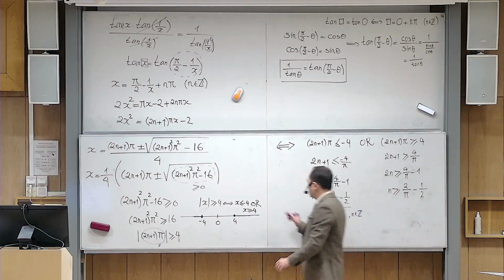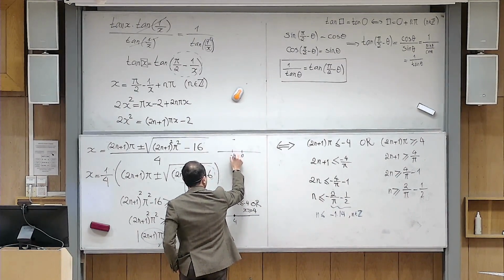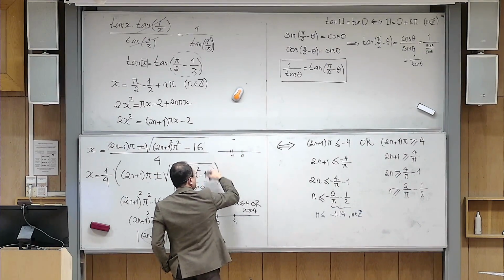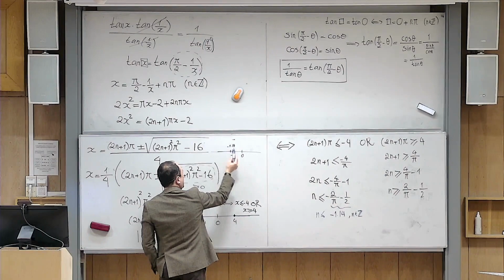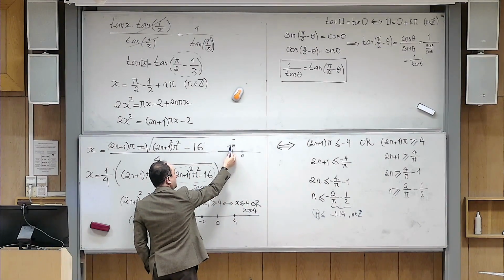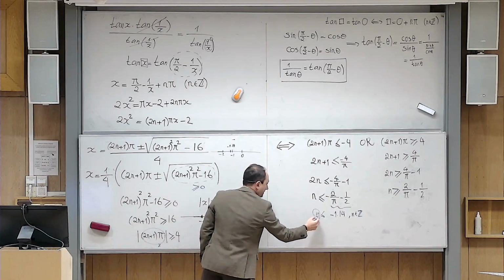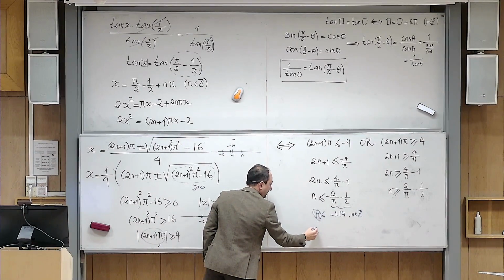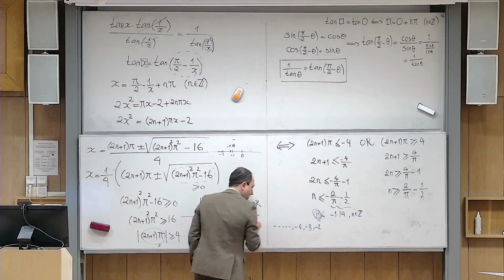If you want to visualize it, here is 0, here is minus 1, so a little bit on the left is minus 1.14. I want an integer, and I want to be less than or equal to this number. So the first integer you see is minus 2. This means the acceptable values for n are minus 2, minus 3, minus 4, etc.